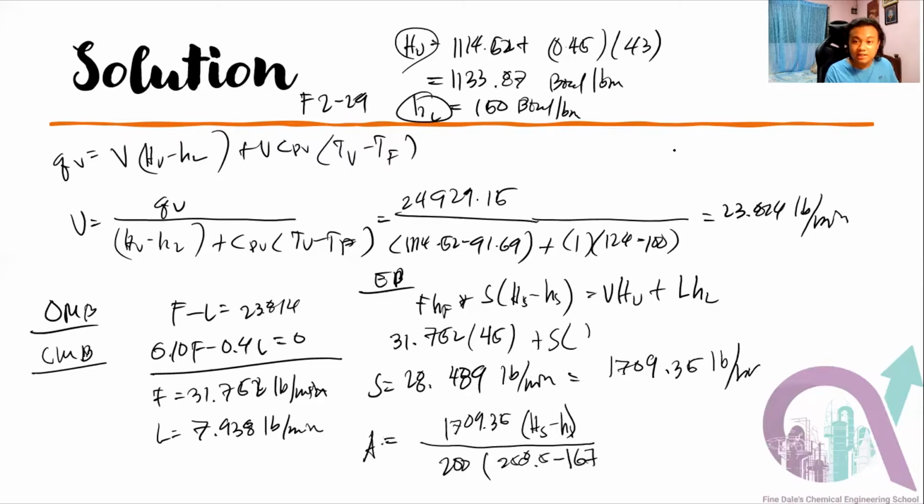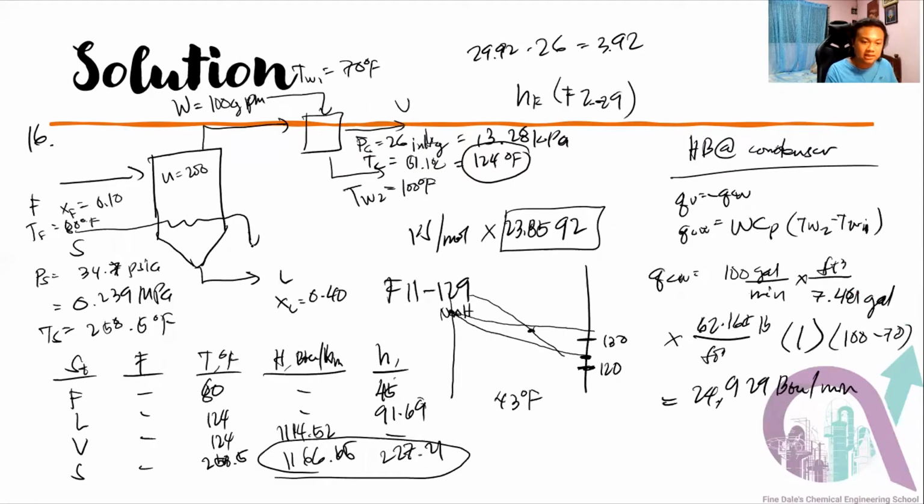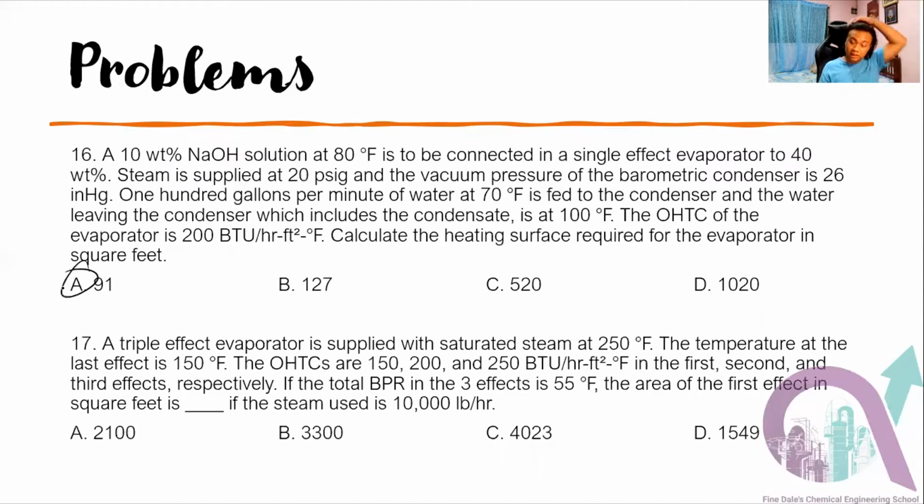Okay, so 167 is just 124 plus 43. Okay, so we took account of the boiling point rise here. You can get 87.8 square feet, or the nearest in our answer is 91. Okay, so it's really long, but I hope you got that.